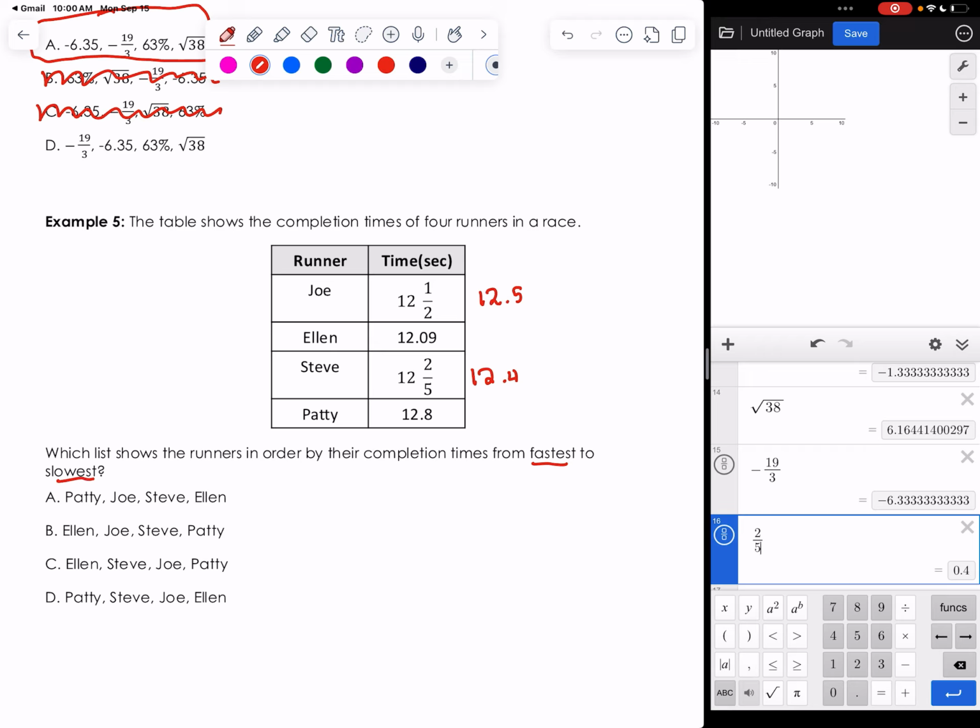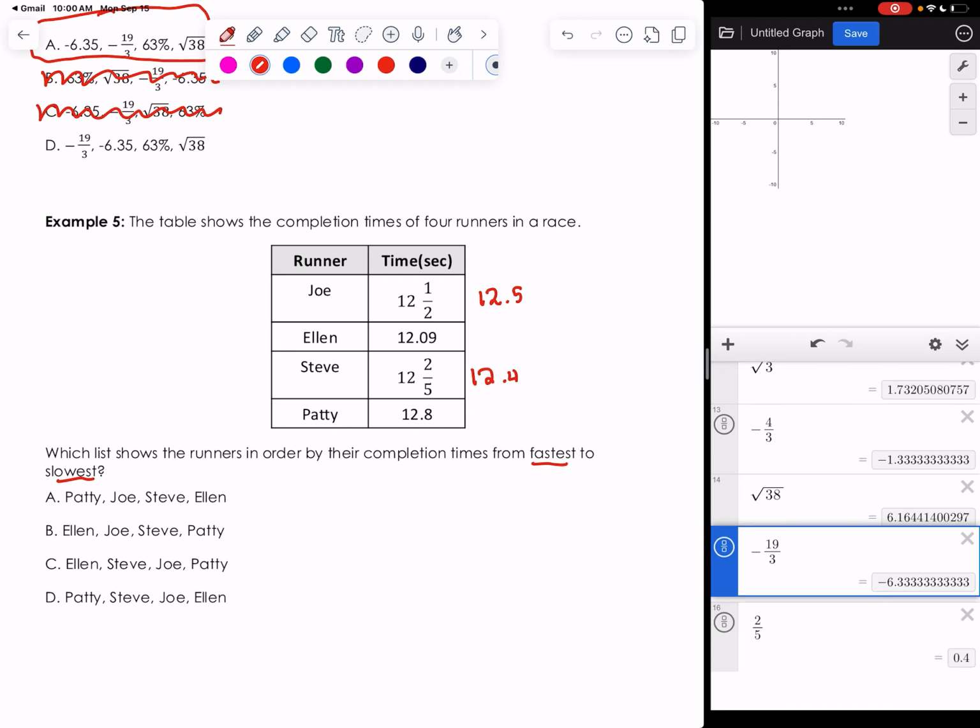Fastest to slowest. Now, be careful here, because when you're running a race, the fastest person will have the lowest time, and the slowest person will have the largest time.